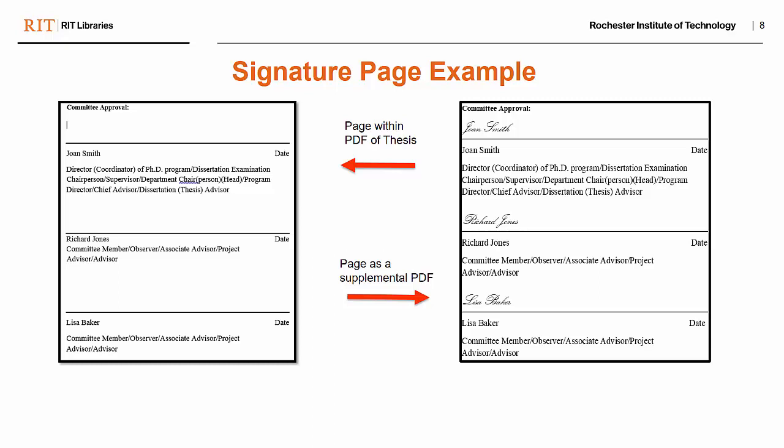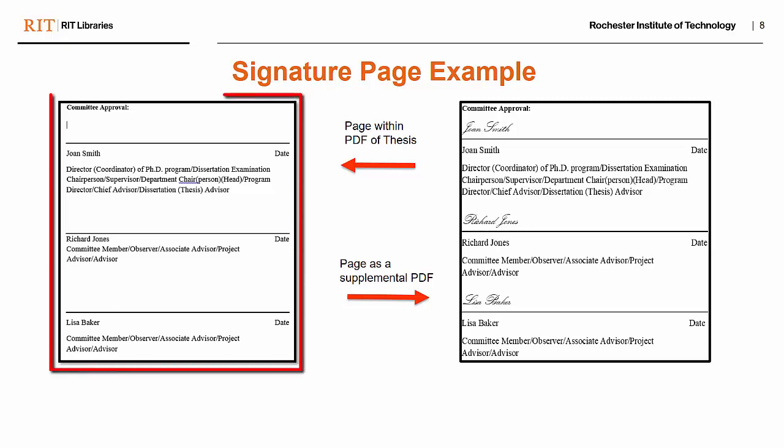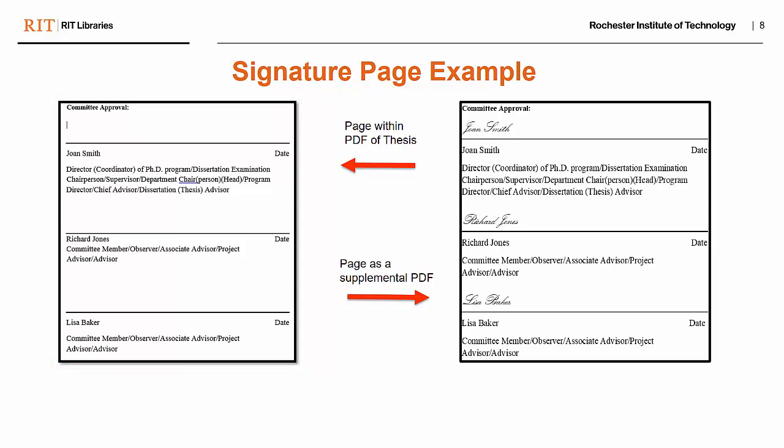Within the pagination of your thesis PDF, include a signature page without scanned or e-signed signatures from each member of your committee. You should still identify the members of your committee by name and title, as readers of your thesis will want to know who served on the committee.